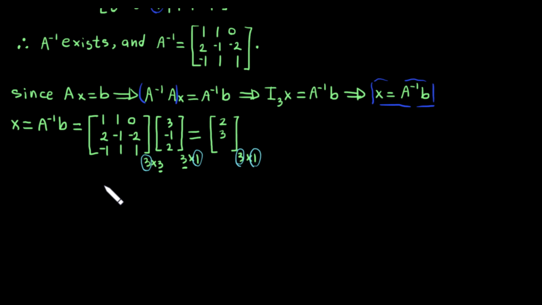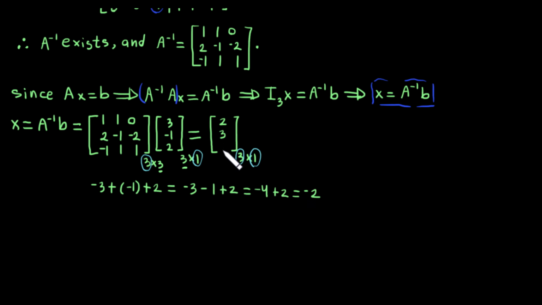-1 multiplied by 3, which is -3, plus 1 multiplied by -1, which is -1, plus 1 multiplied by 2, which is 2. So here -3, plus with minus, it will be -1, plus 2. -3 minus 1, which is -4, plus 2. -4 plus 2, which is -2.